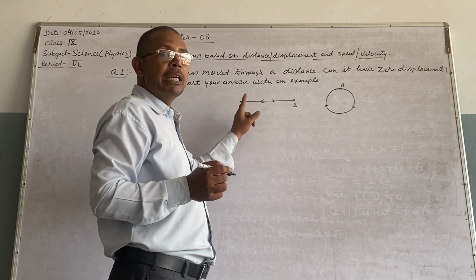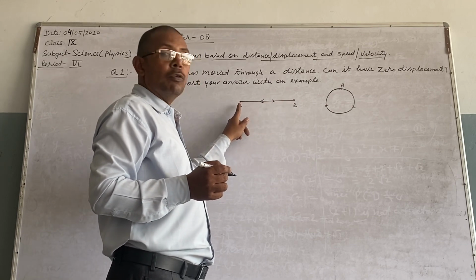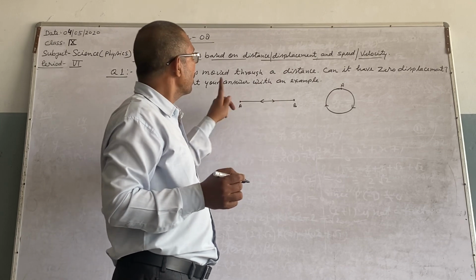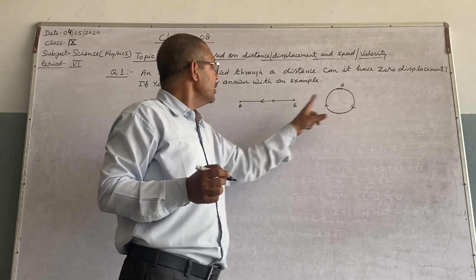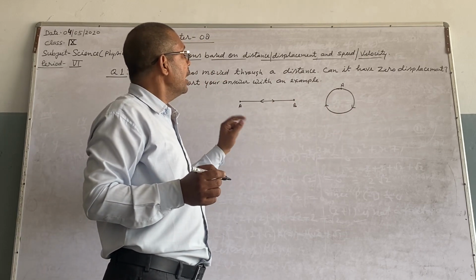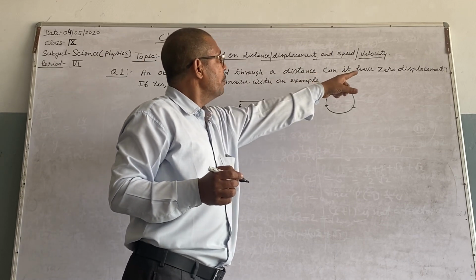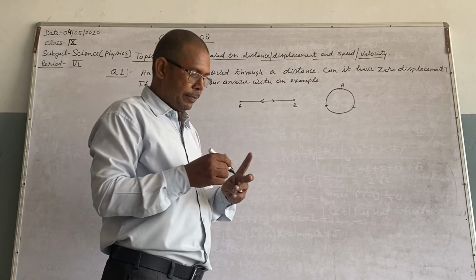AB plus AB, that is 2AB. But here displacement is 0 and distance is 2AB. So with these examples you can tell that displacement can be 0. Right?